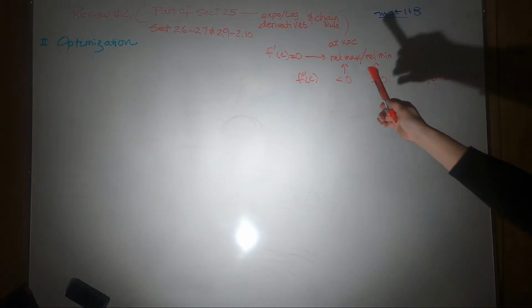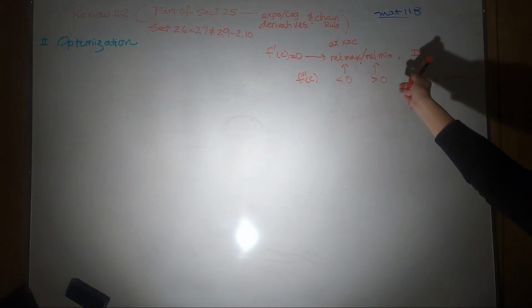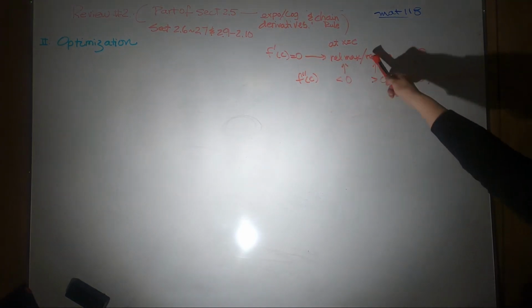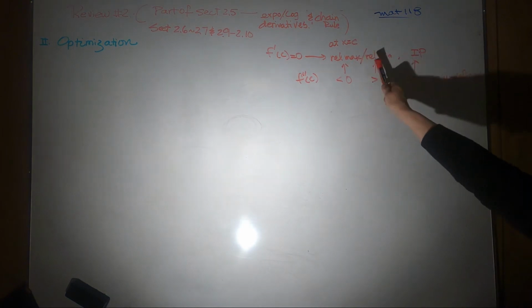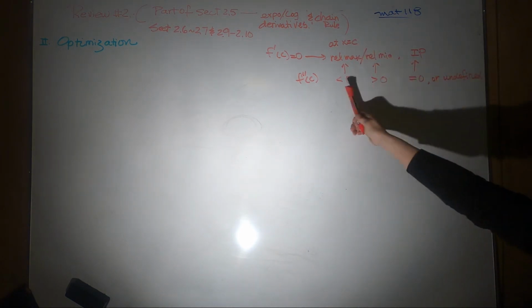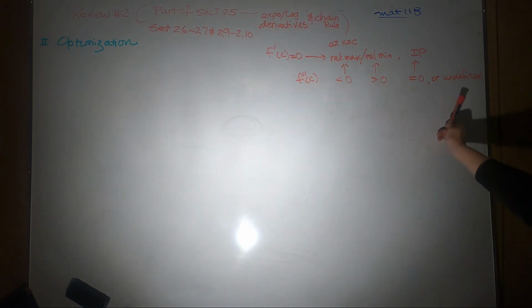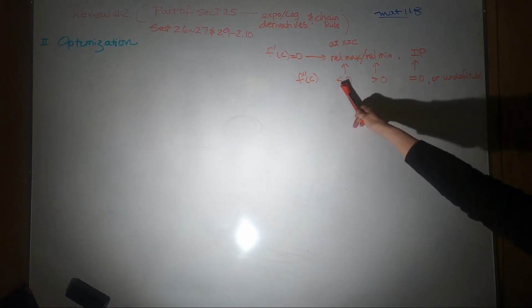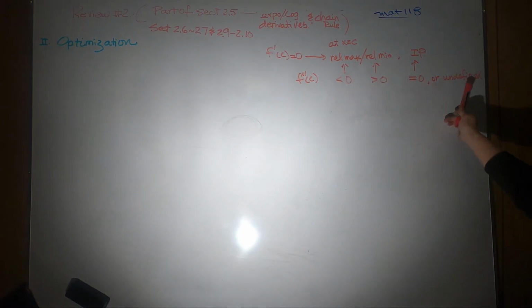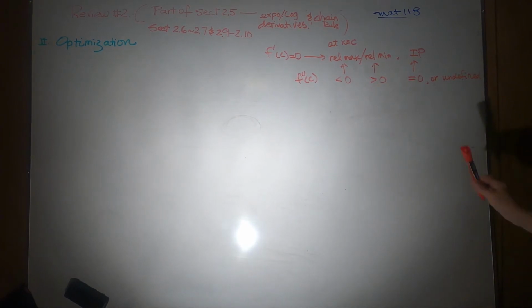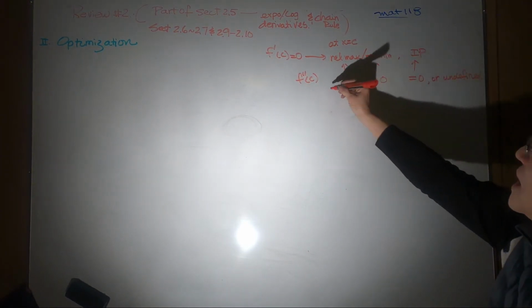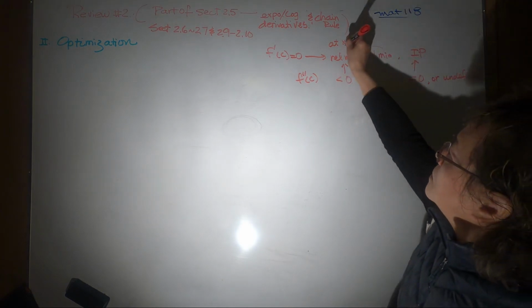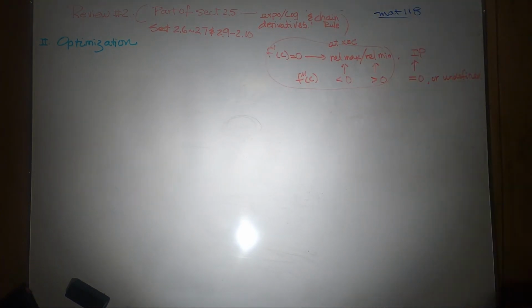Okay, so we use f prime, set it to 0 to find out at what point you have those different conditions. Then you use f prime prime to check whether you have maximum profit, minimum cost, or neither. But usually we don't worry about this. We practice all these things we have been practicing, right?